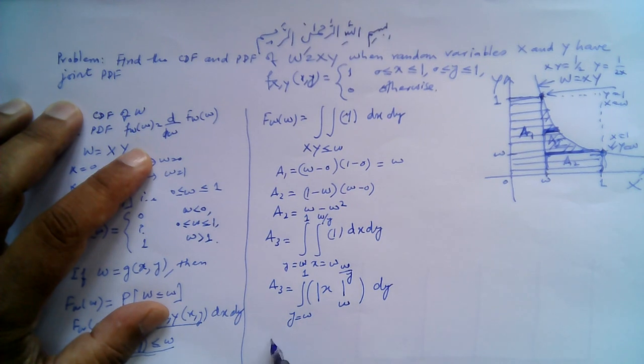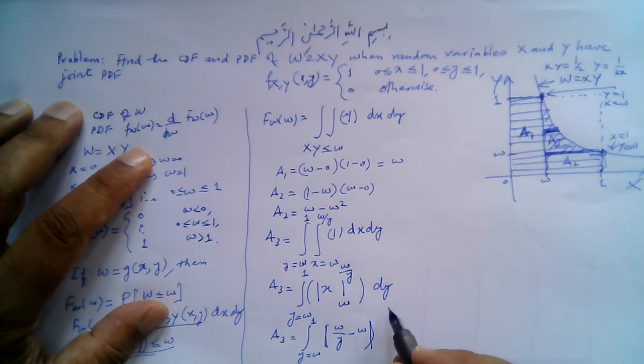So A3 is equal to the integral for y from w to 1 of w over y minus w, and this is still to be integrated with respect to dy.